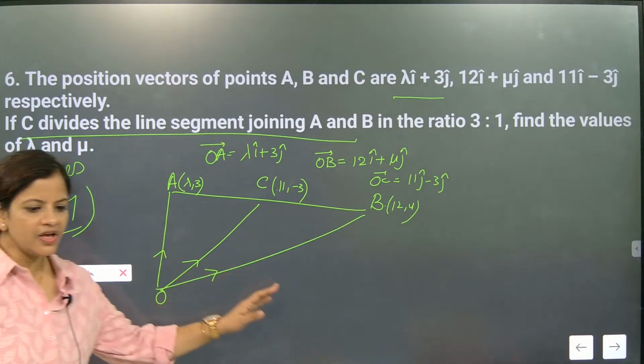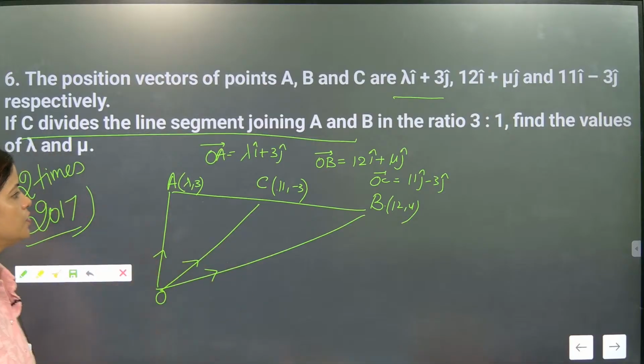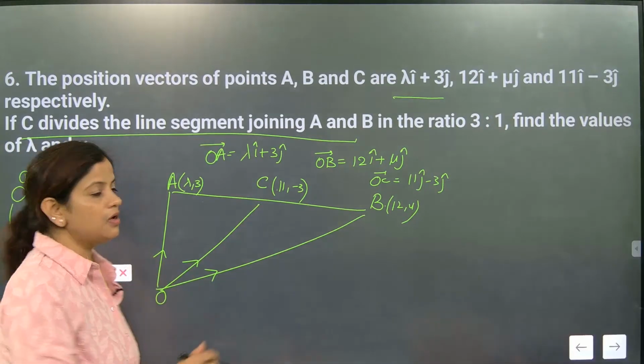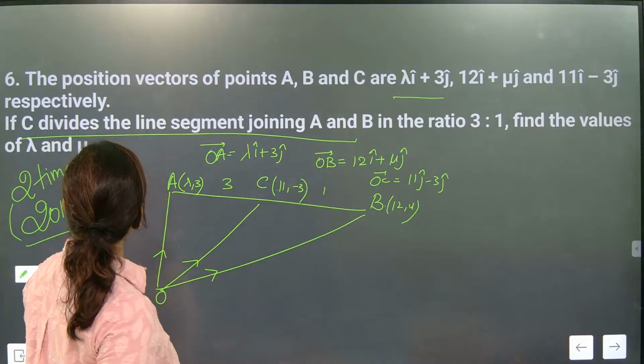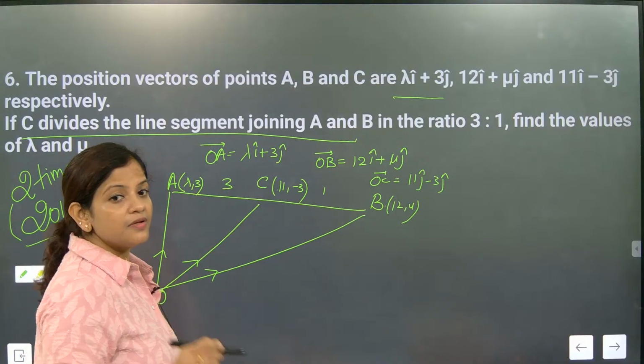Till this much level we have attended. Now what do we need to do? Because we know one formula, the internal section formula. What is the internal section formula, beta? Very good.